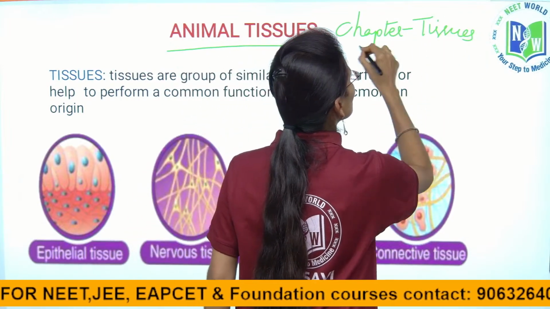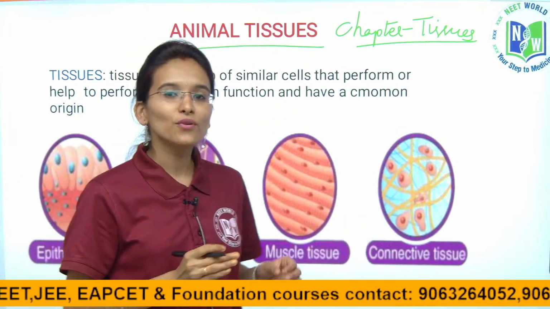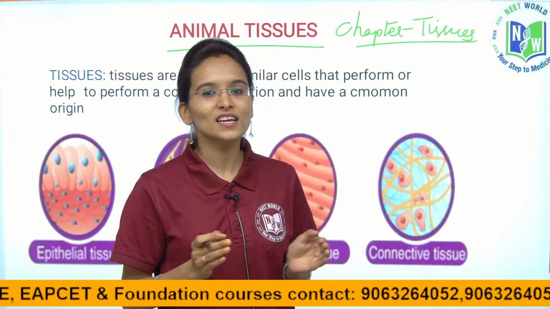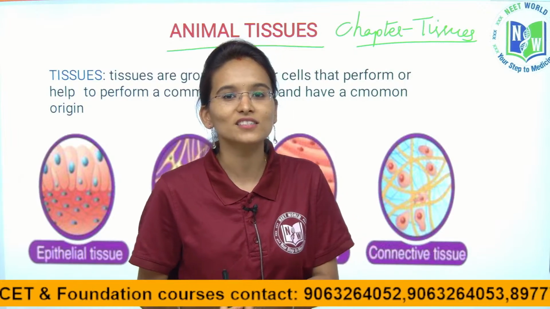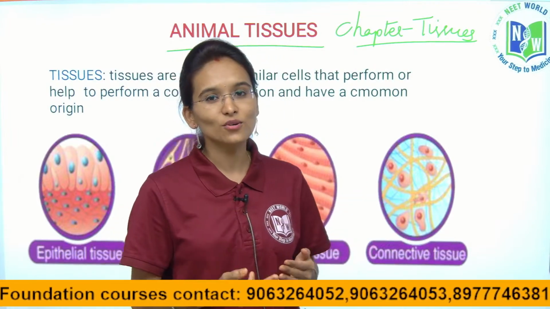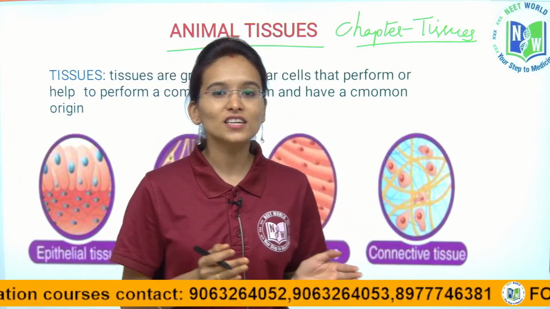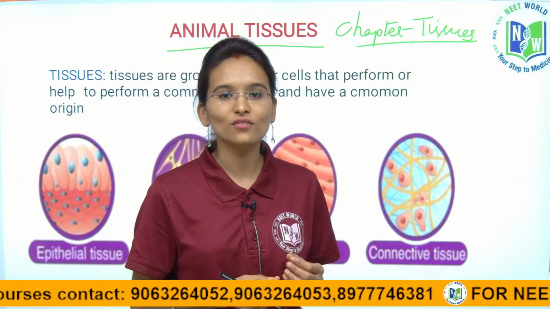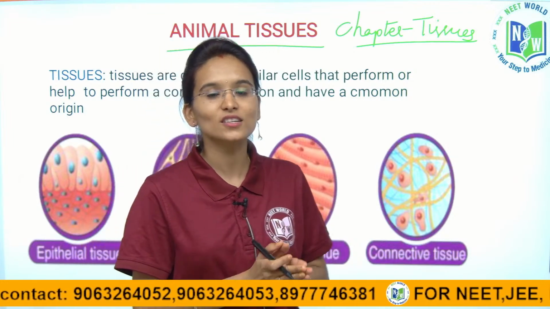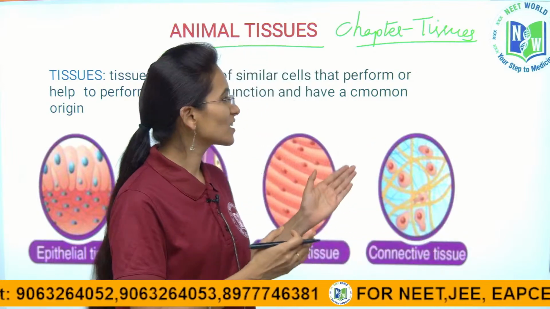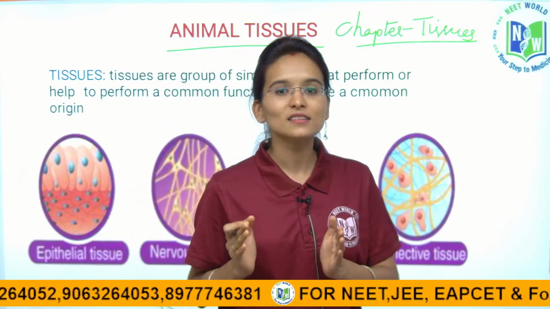In this chapter, tissues, you need to focus on the plant tissues as well as animal tissues, my dear students. Not only the plant tissues, you need to study clearly, along with the diagrams, the functions and locations, everything regarding animal tissues as well as plant tissues.